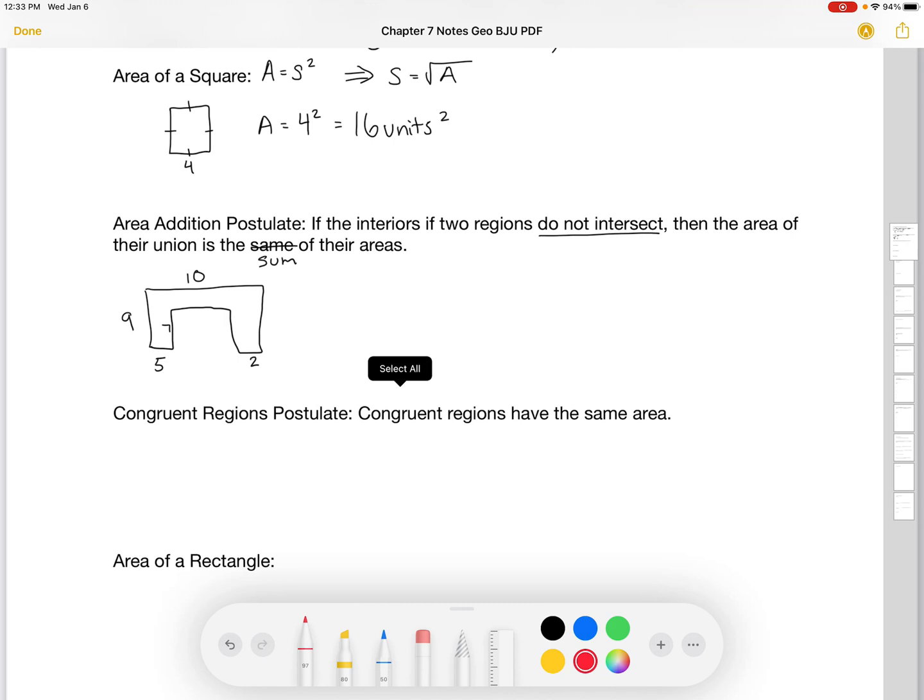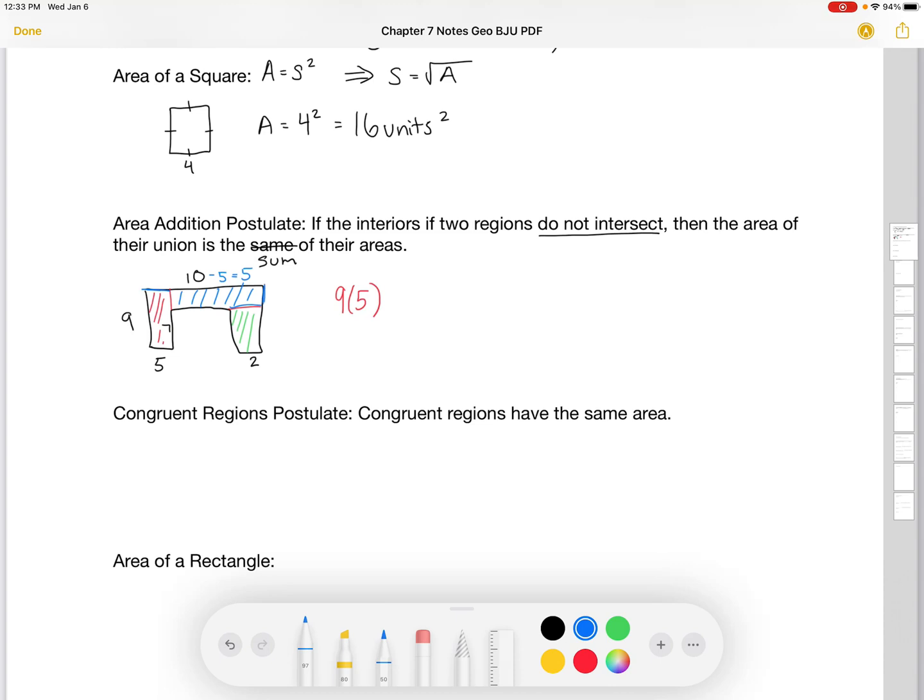I could say it's going to be this rectangle plus this rectangle plus this rectangle. As long as the areas don't overlap, I can add them together. So I can see the one in red is 9 by 5. I could see the one in blue, well, the top part would be 10 minus 5 because I'm not including this piece, which is 5.